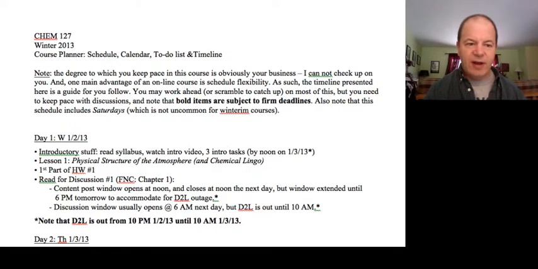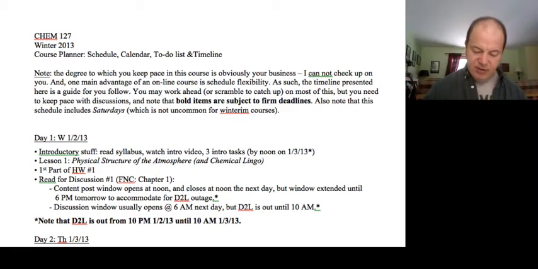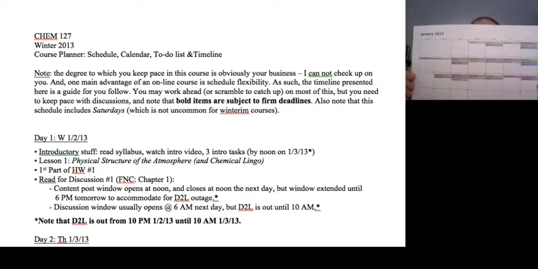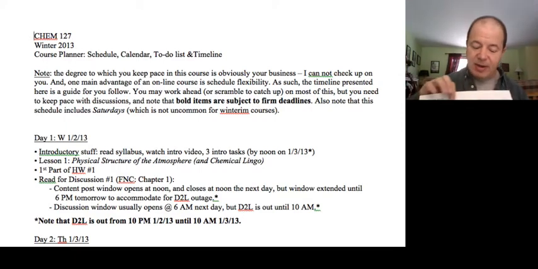Okay, just a few final comments about pace. Again, for general things, and I'll hold this up a little more so you can see it this time, this color document is a global reminder, so you can look from day to day and say, all right, this is what's going on. But what you'll see again is that there's about 1 lesson a day and about a discussion a day.